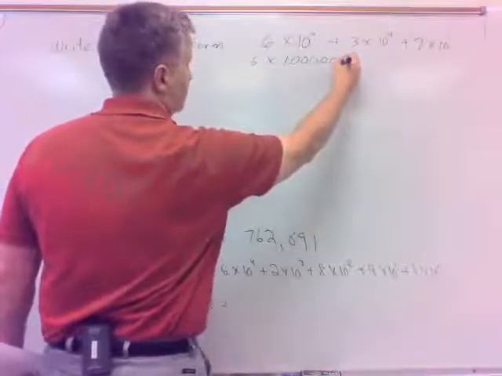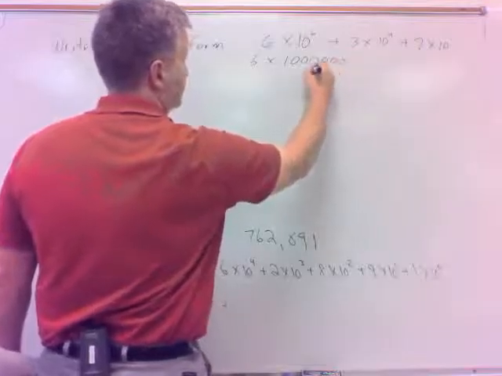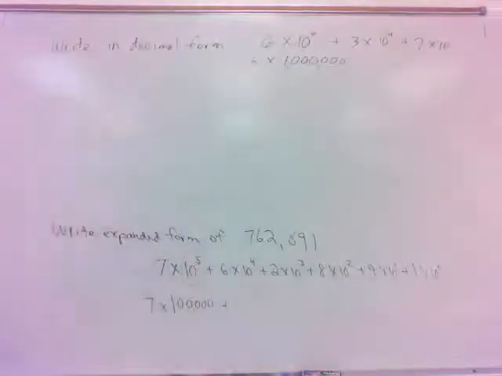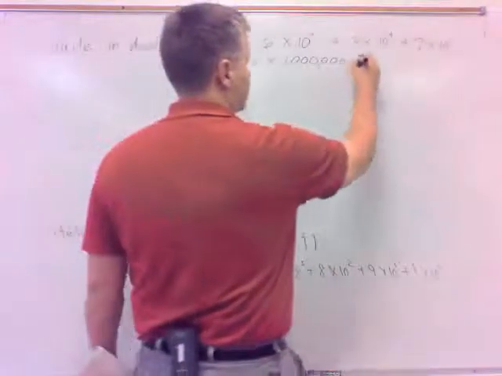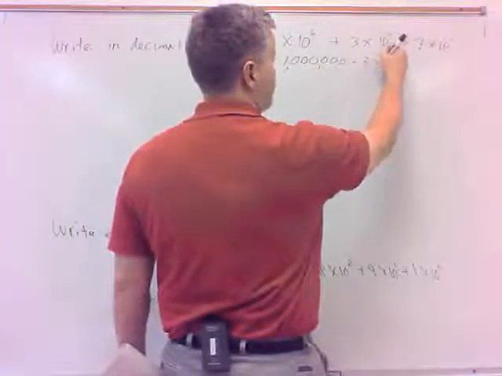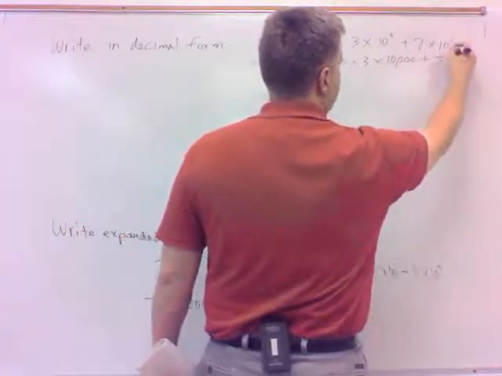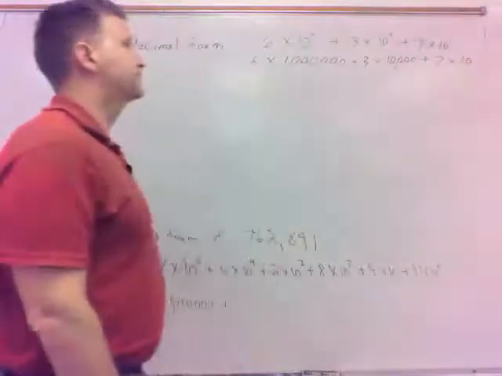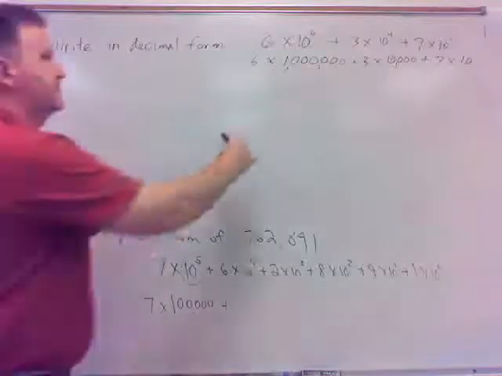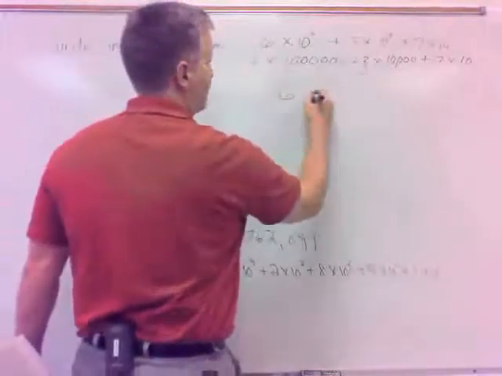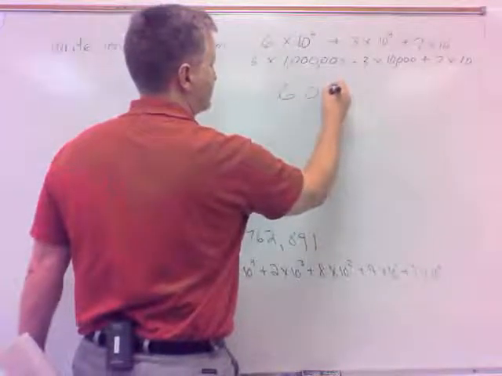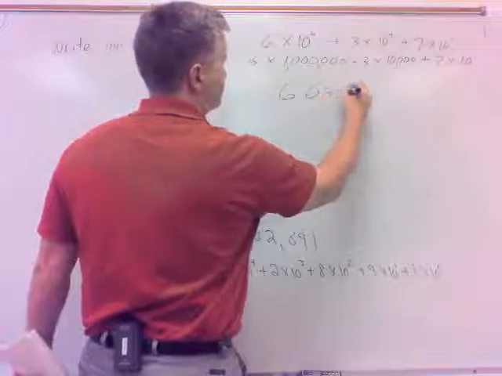You can multiply it out if you want to, but that's a quick way of doing it. It's a million. And then 3 times 1 with 4 zeros would be 10,000. And that would be 10. So you get 6,030,000 and 70.